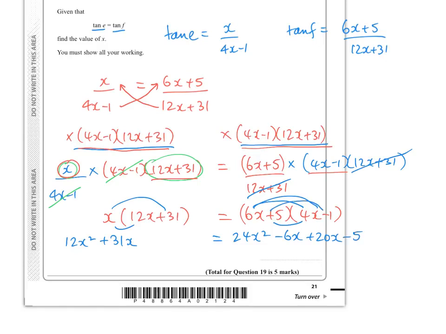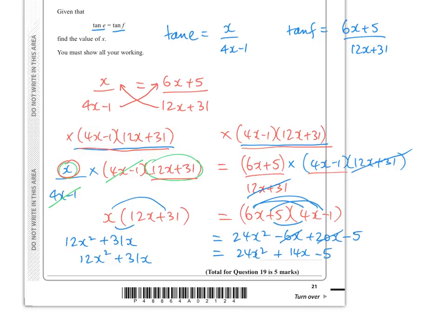We can simplify on this side. So we've got negative 6x plus 20x, which is 14x, minus 5, and then we've got 24x squared there. And on this side, we've still got the same.